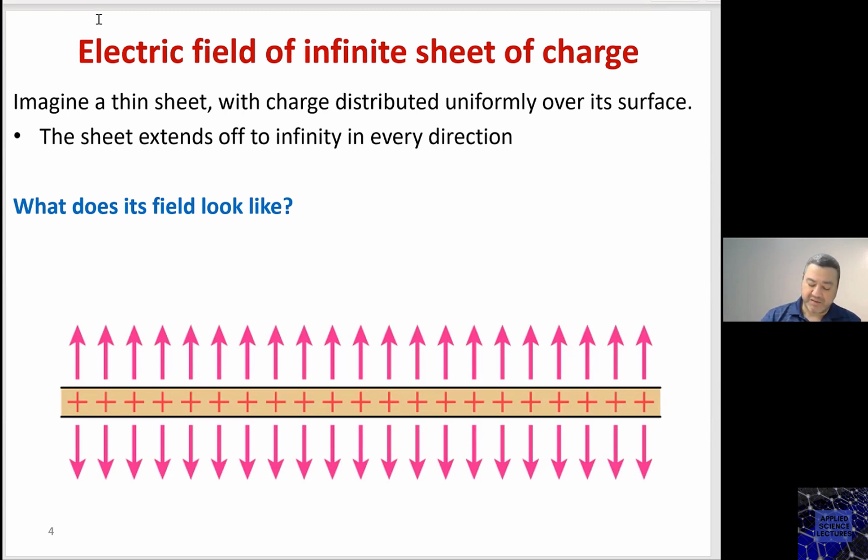So in this case, I will be generating an electric field perpendicular to the sheet of charge, because the electric field right here at this location close to that sheet would be uniform, and that's why you can see that the electric field is uniform on this infinite sheet of charge.